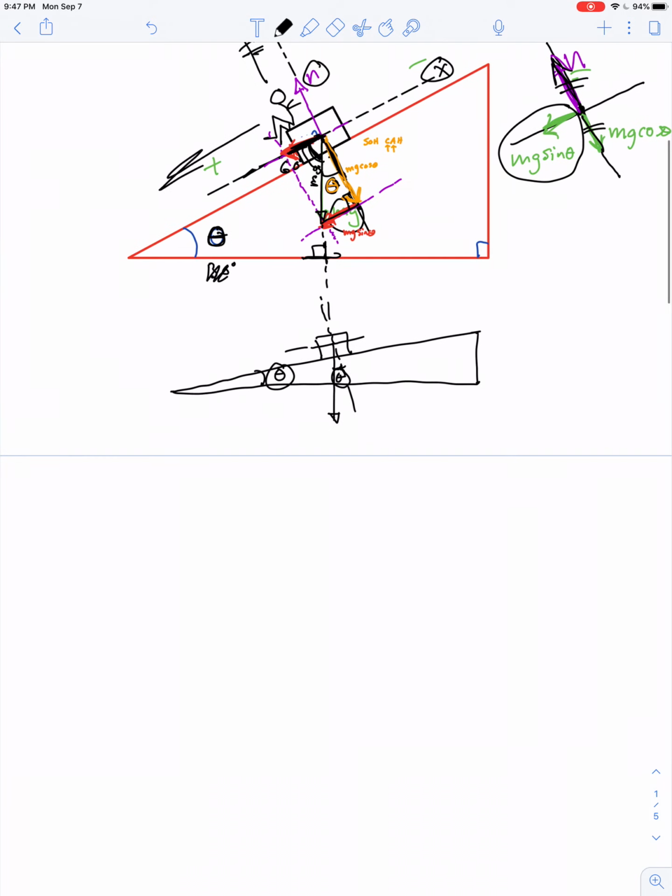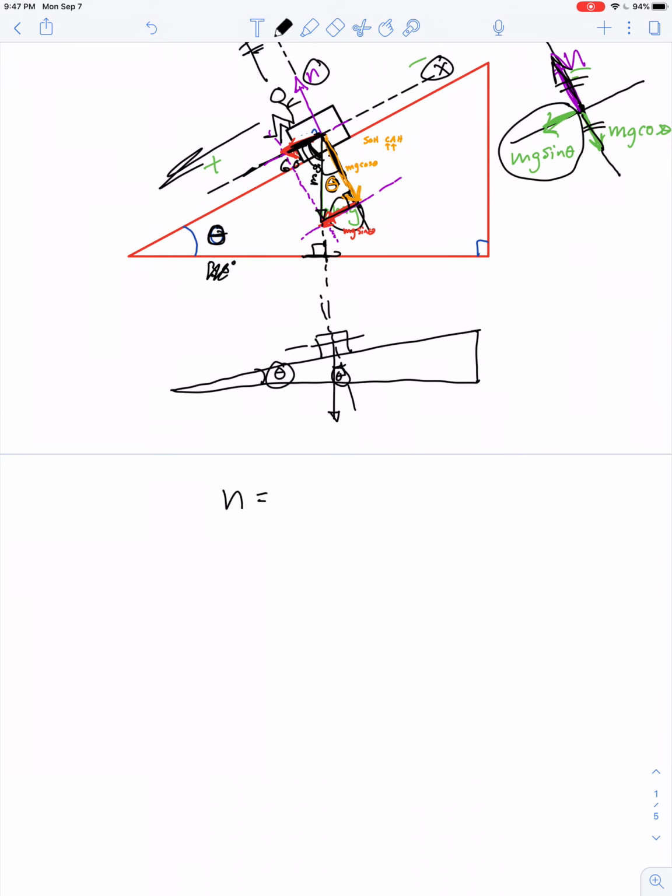So we can argue that the normal force has to be equal, in this case, to mg cosine theta. So the net force along the y-axis is 0, but the net force along the x-axis is definitely not 0, and in fact is just equal to the remaining component of force, mg sine theta.